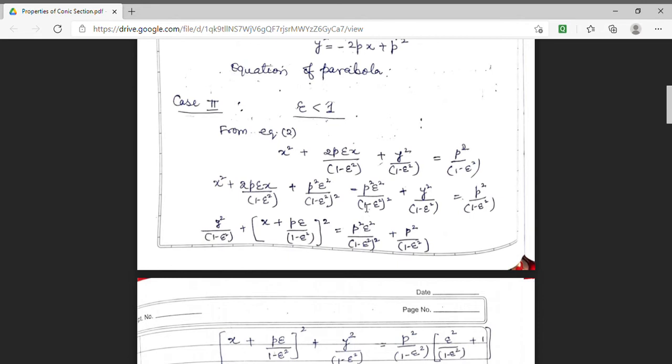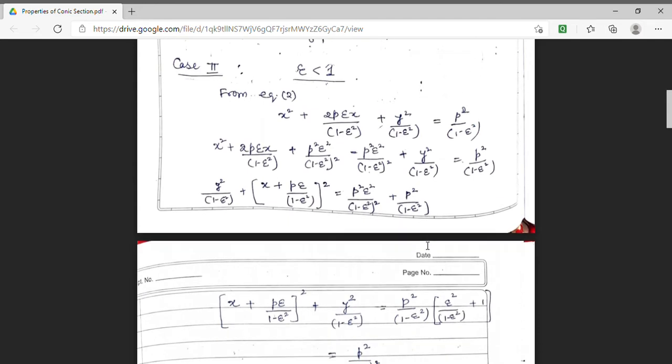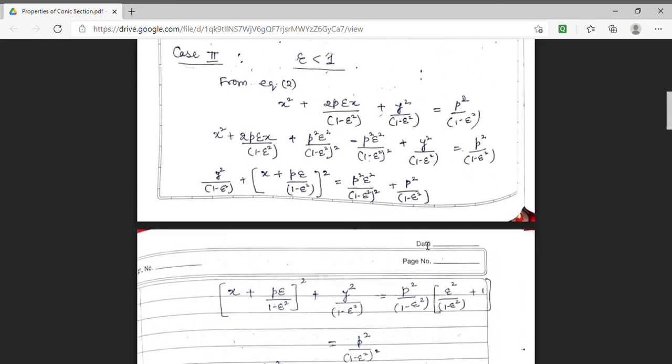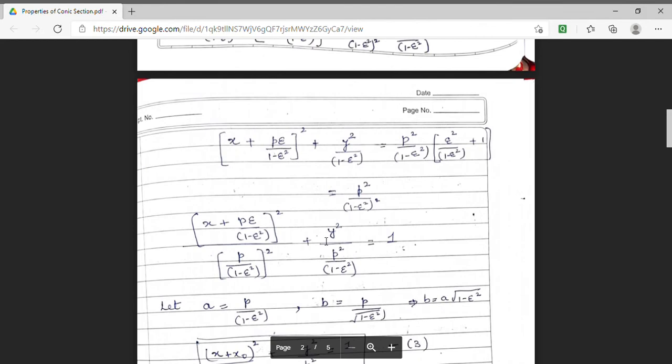This is the factor p square epsilon square upon 1 minus epsilon square whole square, plus this was the factor on the right side, p square upon 1 minus epsilon square. In order to simplify the right hand side, I have taken common p square upon 1 minus epsilon square. So my expression takes this form.